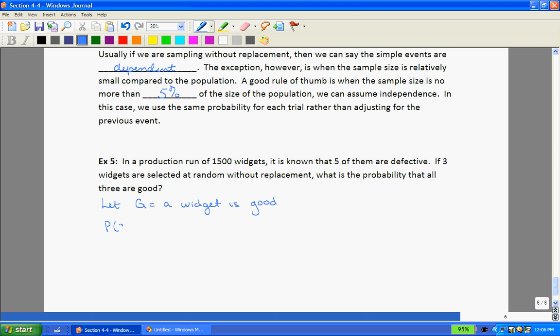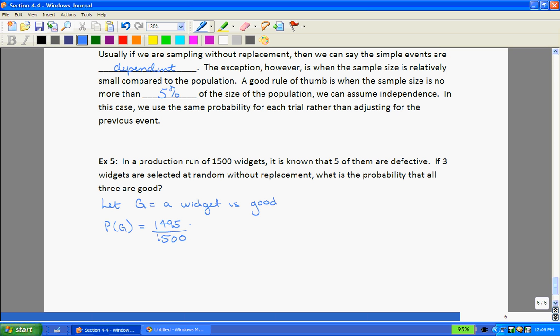So the probability of G is 1,495 out of 1,500. So there were 1,500 made altogether. 5 of them were bad, so we know for sure 1,495 of them are good.